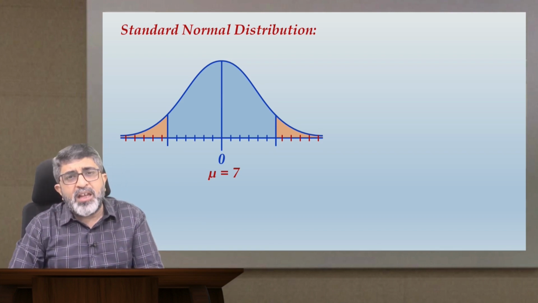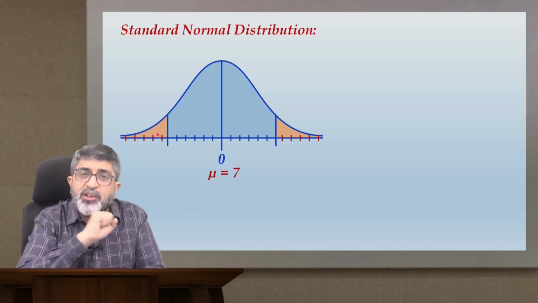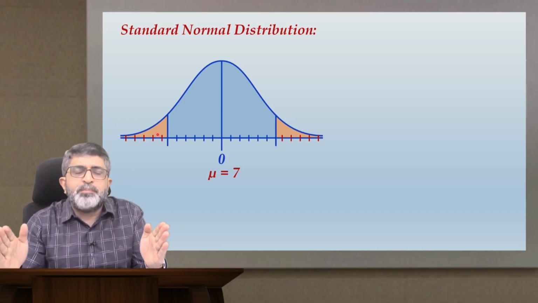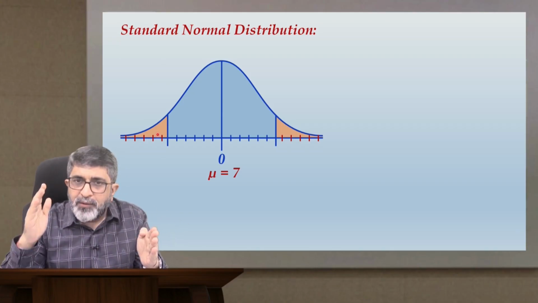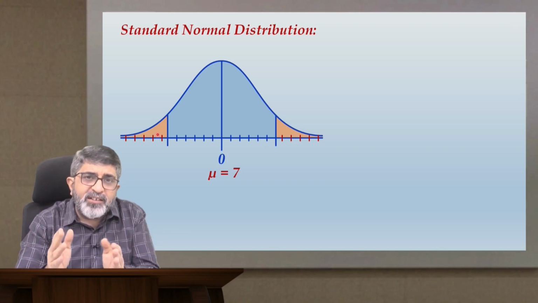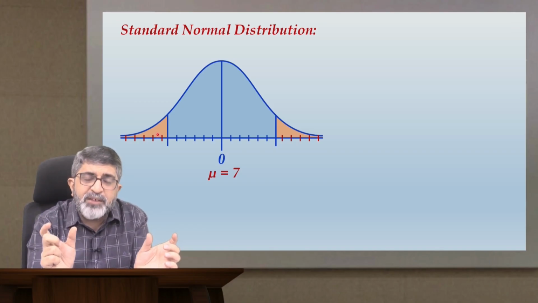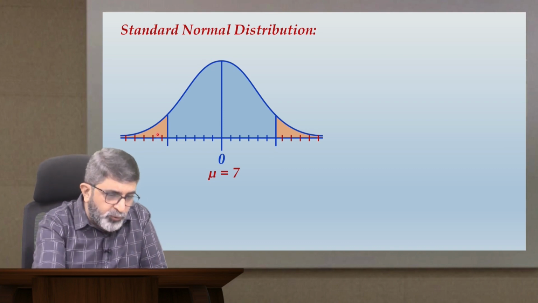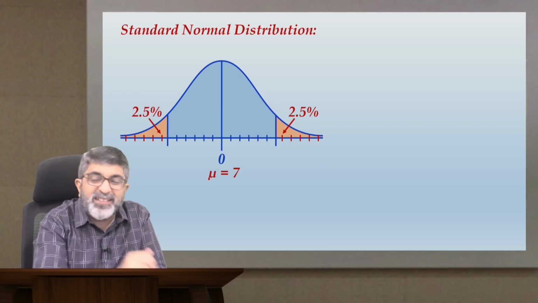Now you have learned one thing: under the standard normal distribution, this region and this region both fall in the rejection region where the level of significance is 5%. So you need to split that 5% into two equal parts, one for the left tail, one for the right tail. The total rejection region has to be 5% divided into two equal halves, that is 2.5% and 2.5%. So both of these regions will indicate a probability of 2.5% each.